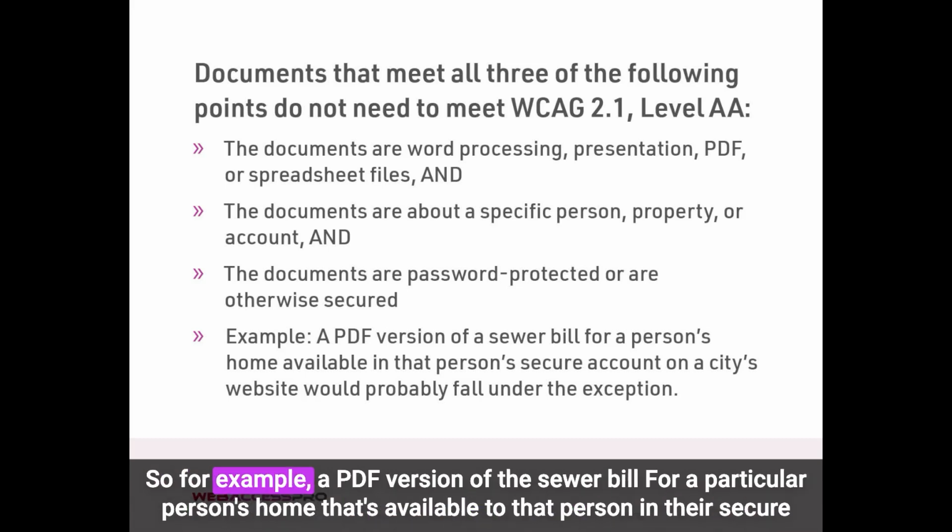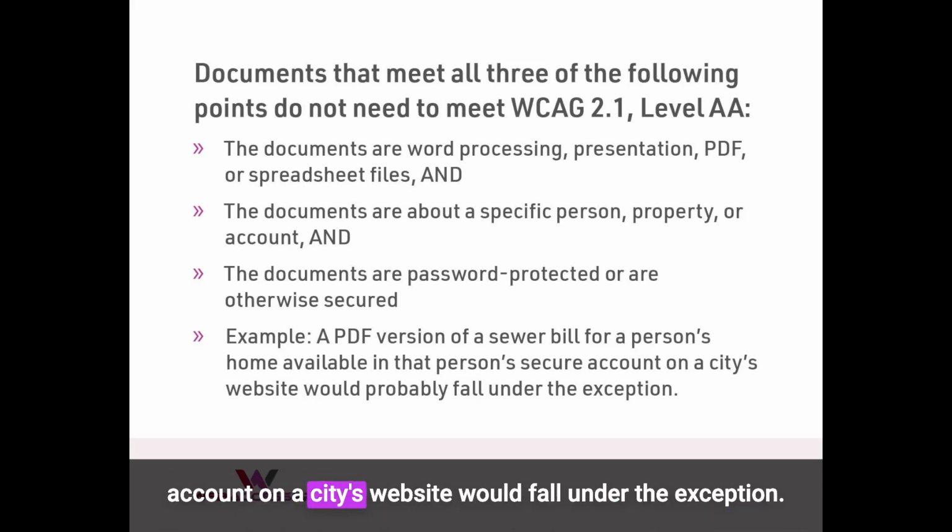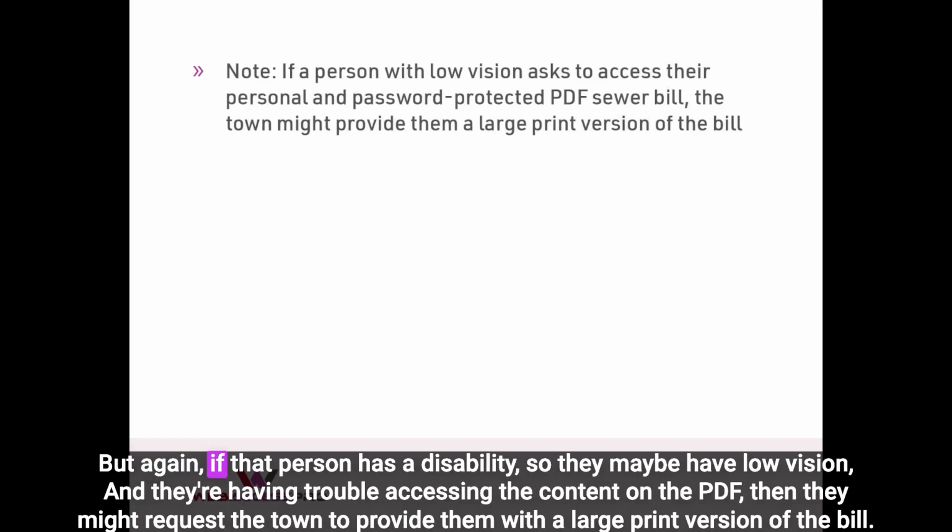So for example, a PDF version of the sewer bill for a particular person's home that's available to that person in their secure account on a city's website would fall under the exception. But again, if that person has a disability, so they maybe have low vision and they're having trouble accessing the content on the PDF, then they might request the town to provide them with a large print version of the bill.